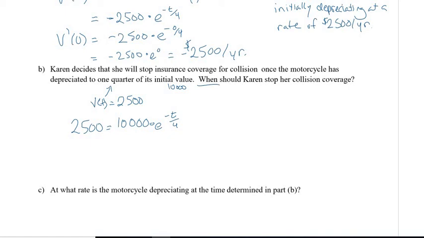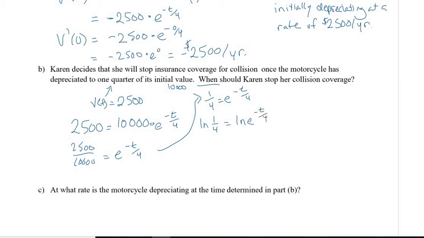It's asking when. So we move the 10,000 over, so 2,500 over 10,000 equals e to the negative t over 4. That's going to be 1/4 equals e to the negative t over 4. So right now we're going to use that little trick with logarithms where we take the natural log of both sides. That way we can take that exponent and move it out to the front.